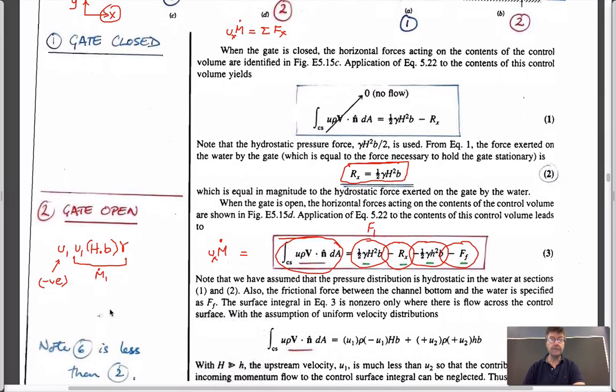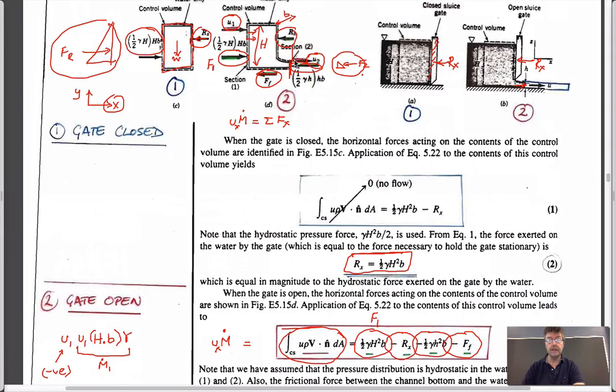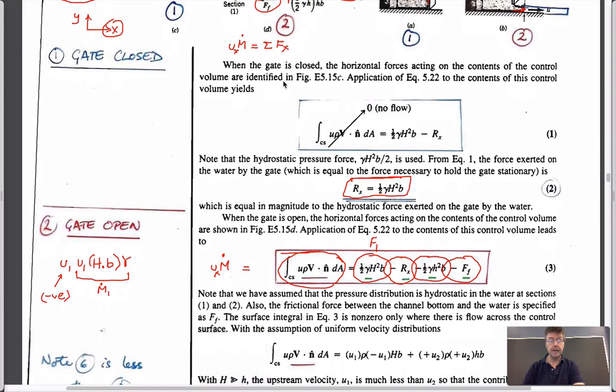The stuff coming out from the downstream portion is going to be exactly the same, but it's going to be equal to U2 multiplied by U1 lowercase h times b. This is the area, this is the unit weight, and this is the velocity. And so this term here is the mass flow rate across that surface.